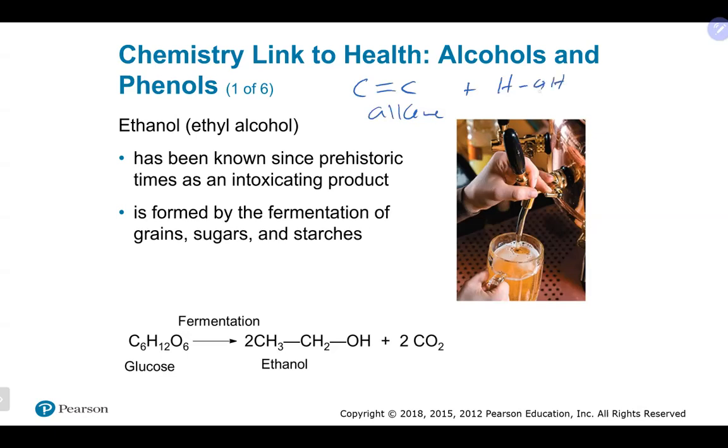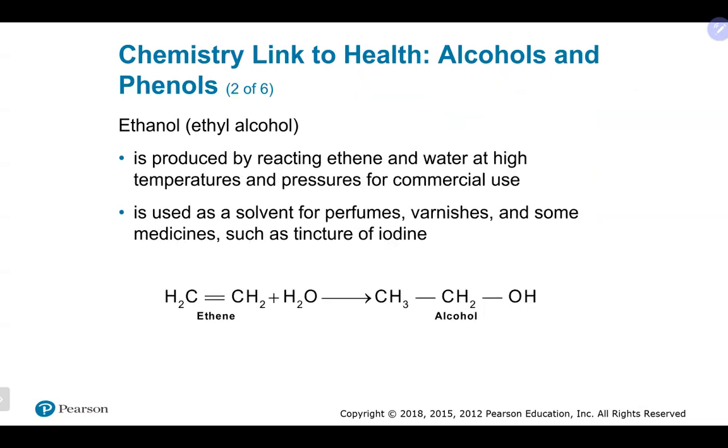That hydration reaction is basically how we produce an alcohol. As we see here, the hydration reaction puts on the OH where our double bond was, and that creates our alcohol.